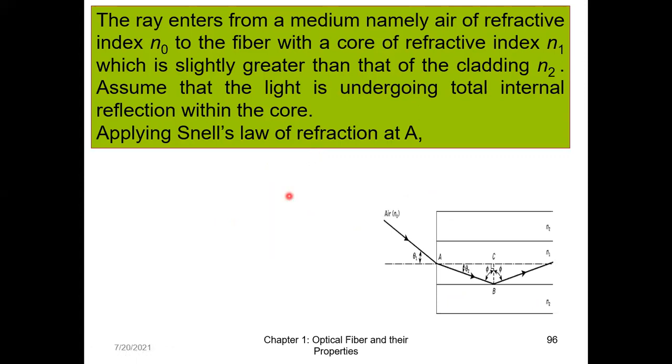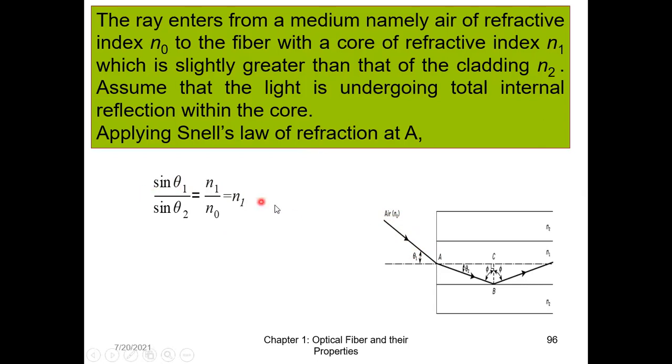So this is the diagram which we are considering. Here take theta A. So the equation that we get is N0 sine theta 1 is equal to N1 sine theta 2. So this theta 1 we are considering as the acceptance angle, and N0 is the refractive index of air, which is 1.